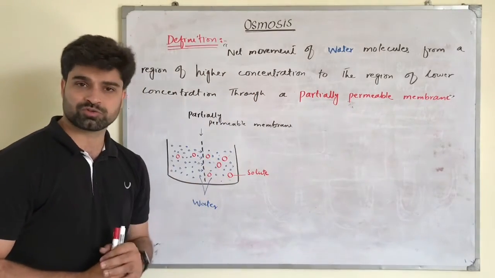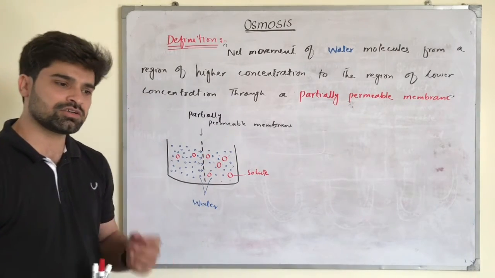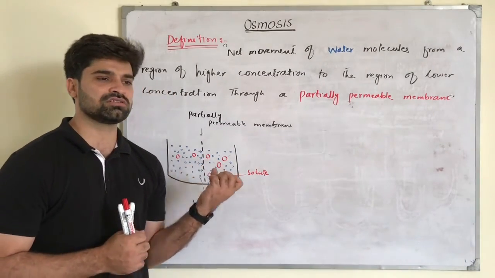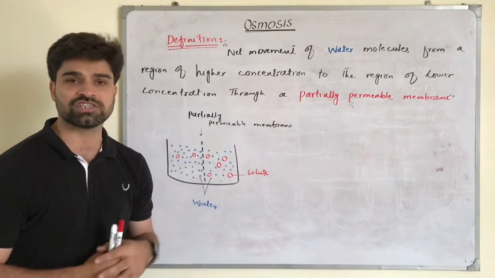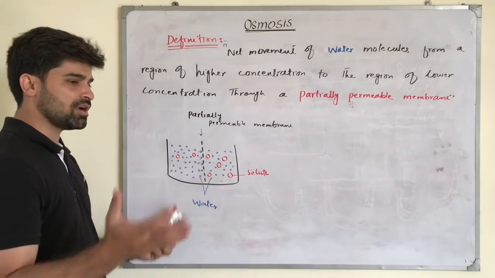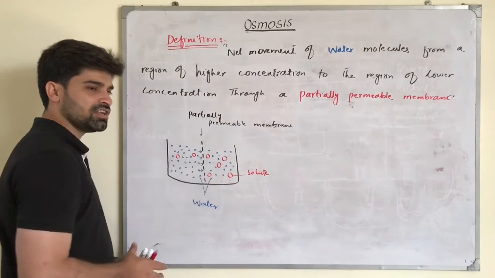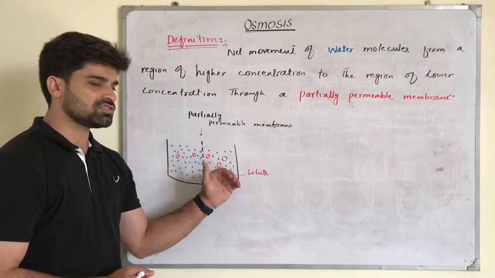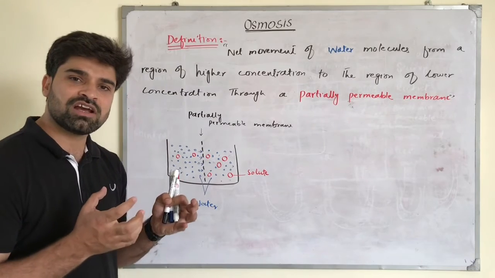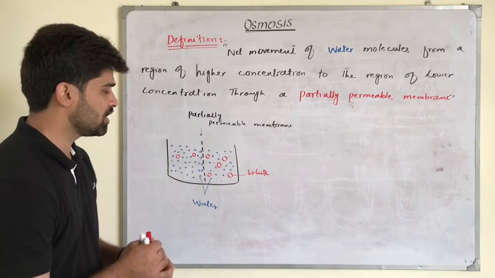Dear students, to explain this, simple diffusion doesn't work properly in the case of osmosis, but it can also be explained another way. Whenever a solute is added to a solution, as the solute has the tendency to attract the water molecules, it will attach with the water molecules and occupy them.